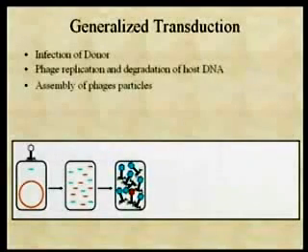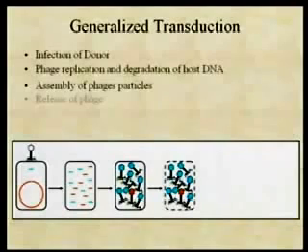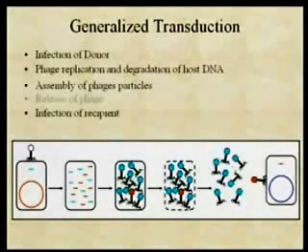As this infection proceeds, this cell is going to lyse, and we're going to release the progeny phage. Now, if this phage particle that has picked up donor DNA infects another bacterial cell, which is now going to be our recipient, what we've essentially done is introduce a piece of the donor chromosome into the recipient cell.